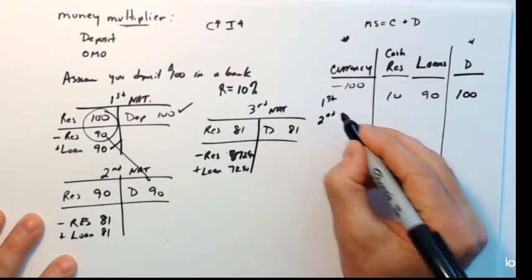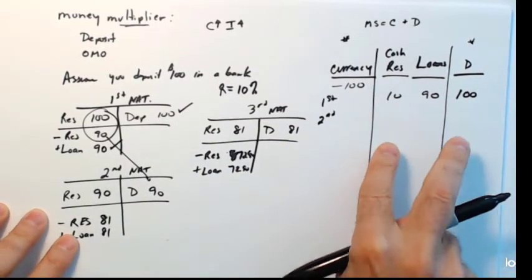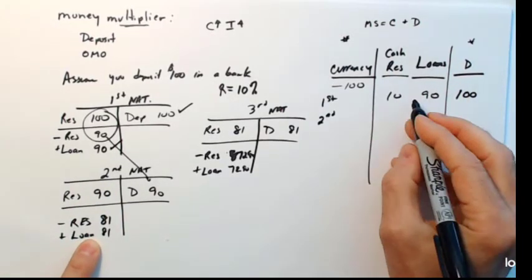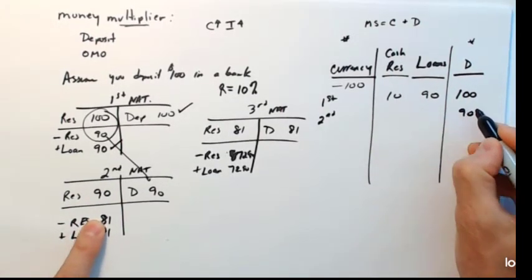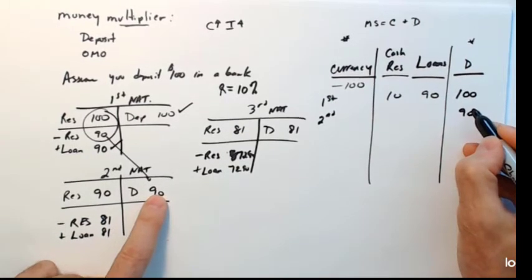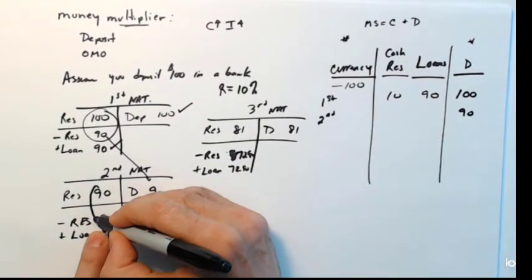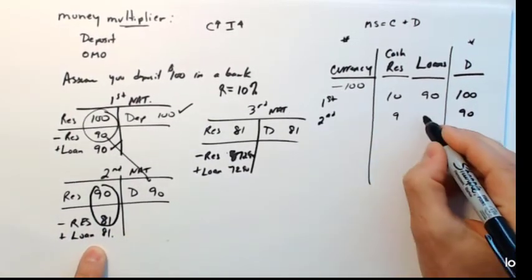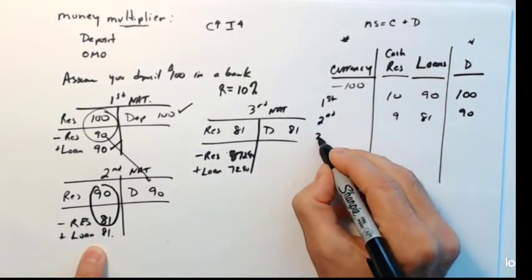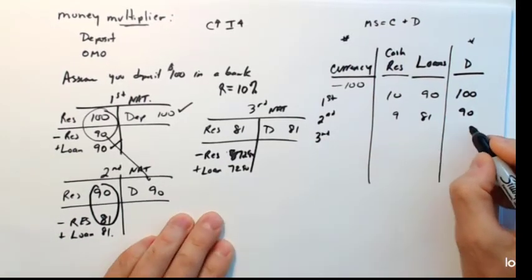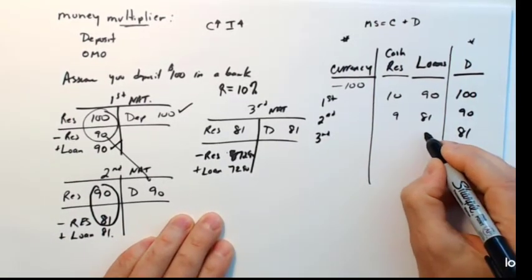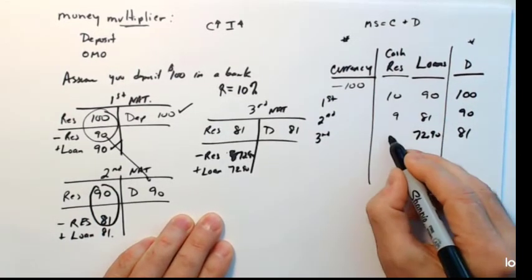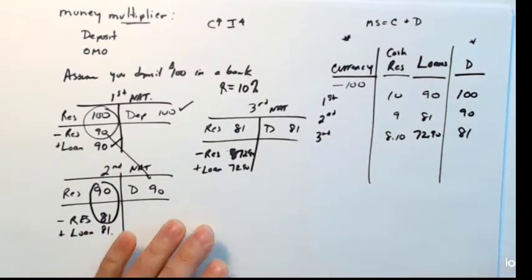And we are balancing. And so then the Second National Bank, what happens here? Well, loans go up by 90, deposits go up by 90. The net effect on reserves is $9, and then we got $81 in loans. And then we go to the third bank, and this turns out to be $81, $72.90, and this is $8.10.